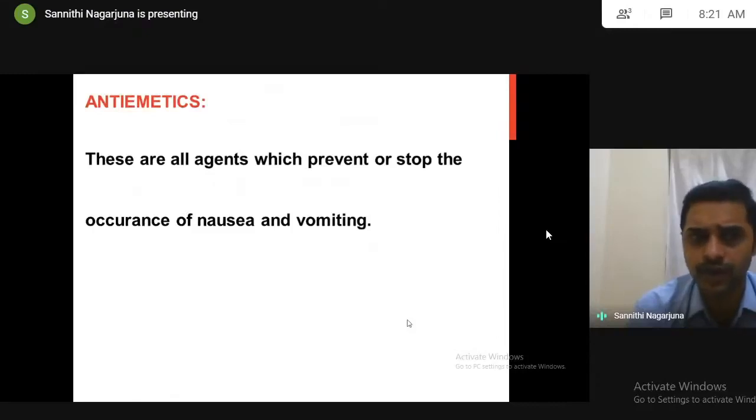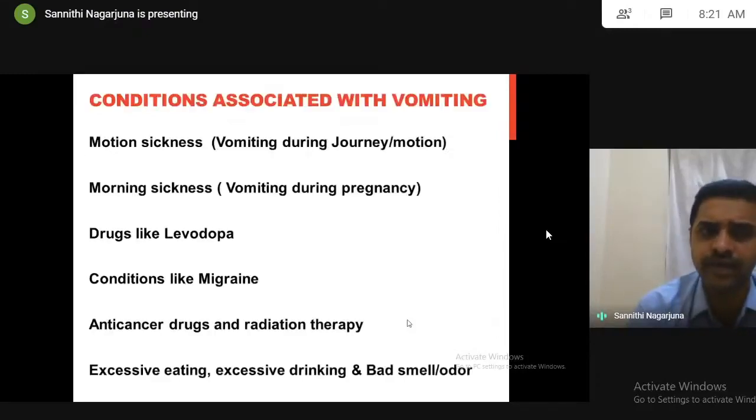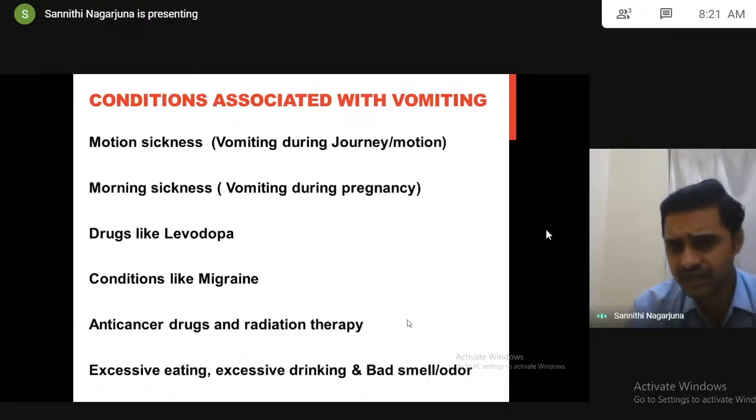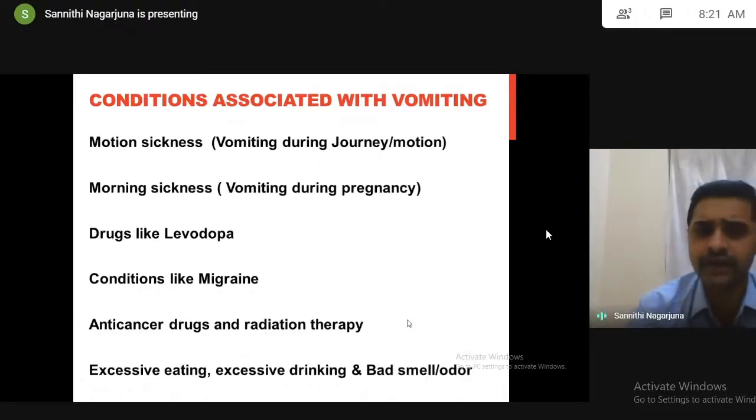Antiemetics are used to stop the vomiting. The conditions in which we observe vomiting are during journey, called motion sickness; during pregnancy, called morning sickness; during some drug therapy like levodopa and anti-cancer drugs; during radiation therapy; during migraine; and because of excessive eating, drinking, and bad smell or odor. So different conditions produce vomiting because of different reasons.